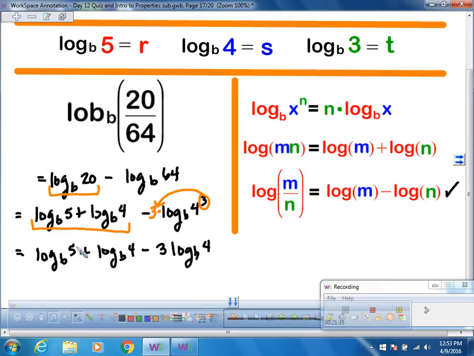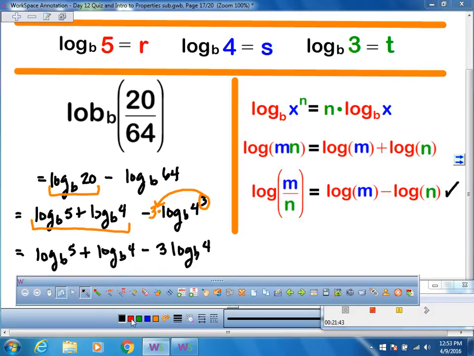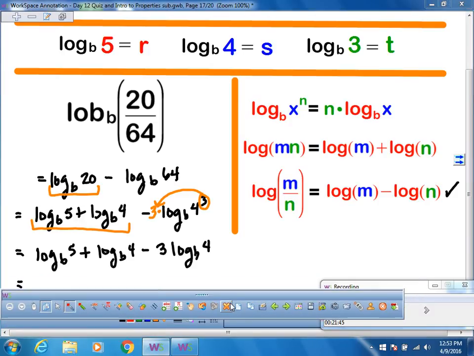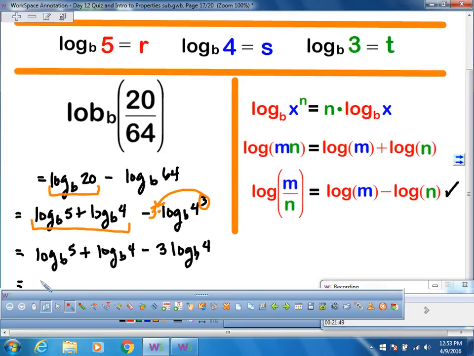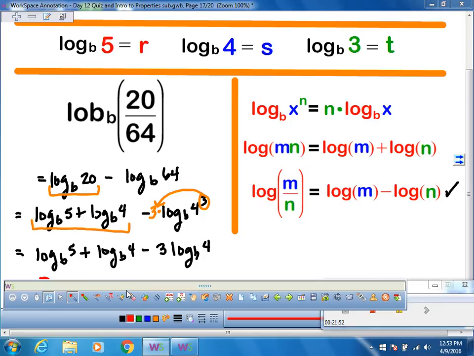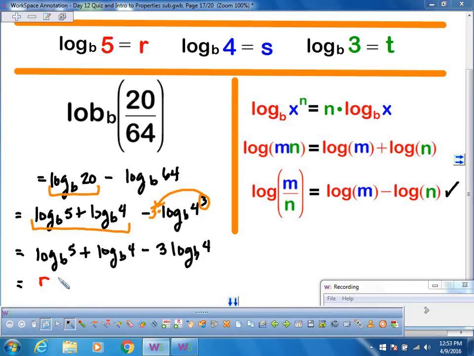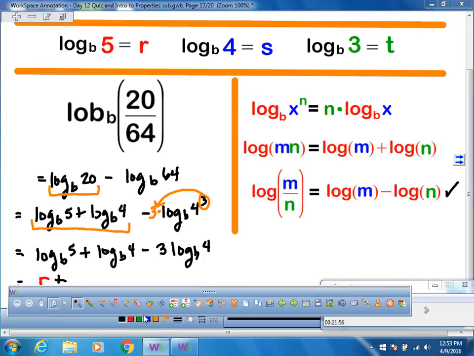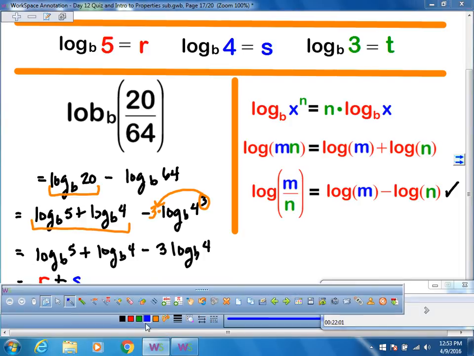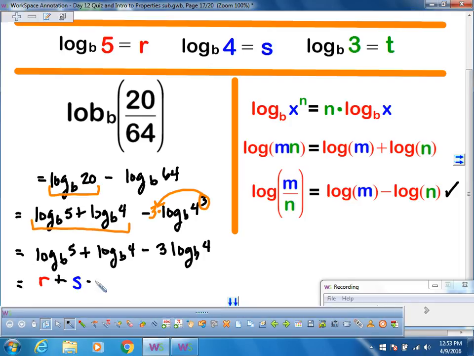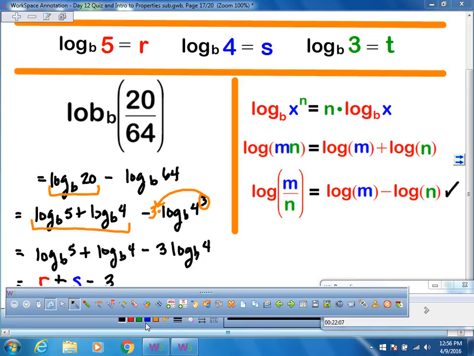Now let's substitute. Log b 5 is just r. Log b 4 is just s, so r plus log b 4, which is just s, minus 3 log b 4s, which is also s.